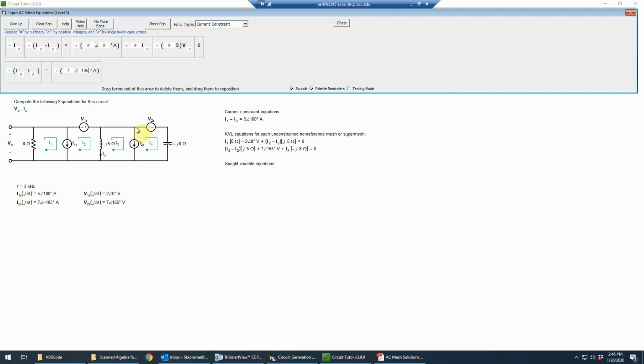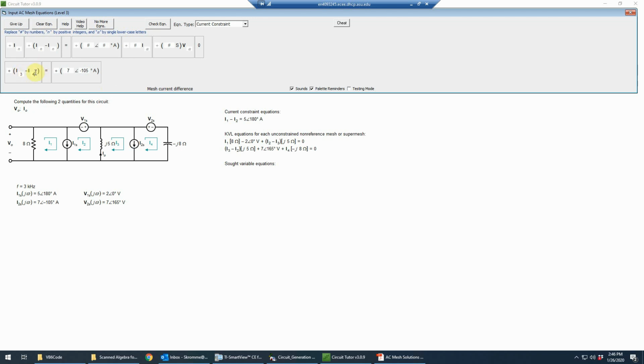And then again, checking polarity, we see that I3 goes clockwise, therefore down through this source, which is in agreement with the reference direction of that current arrow. So therefore I3 will have the positive sign here, and we will be subtracting the I4, which is going up through that current source, which is opposite to the direction of the reference arrow. So that has to have the minus sign.